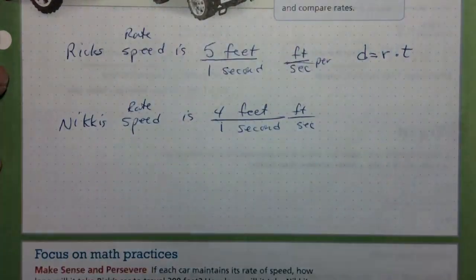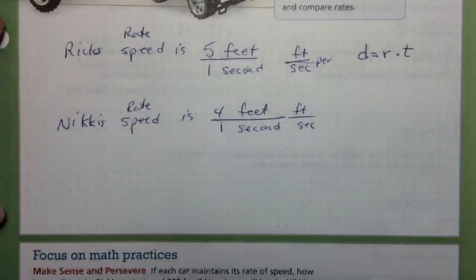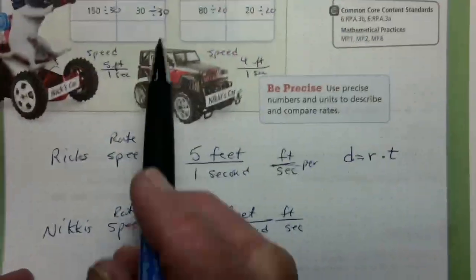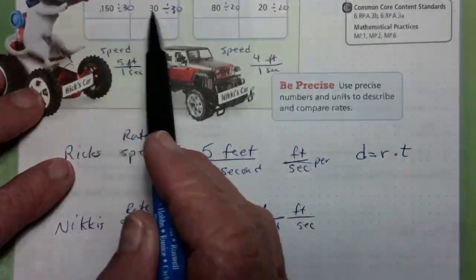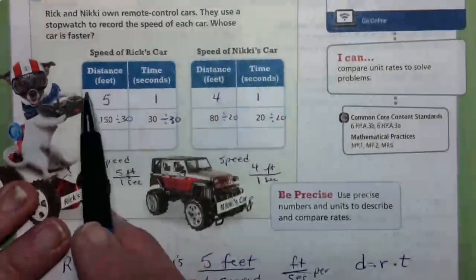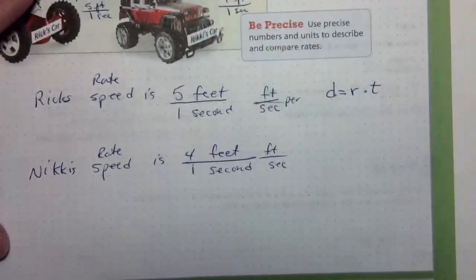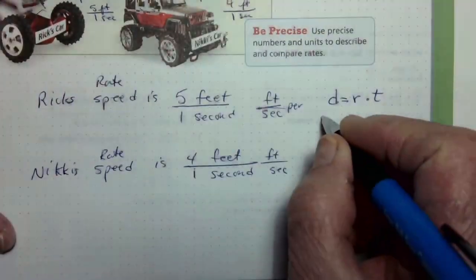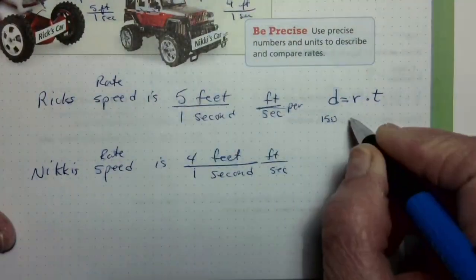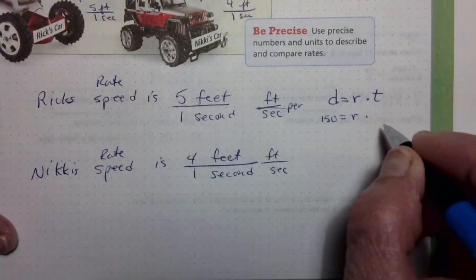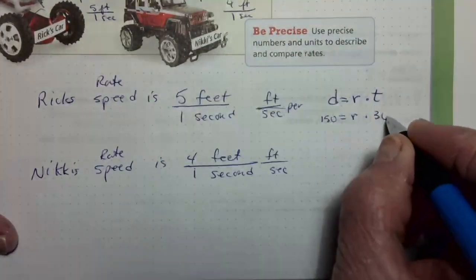Okay, now I'm going to show you a little thing that we did. Right up here, see this 150, which is distance, and this 30, which is time. Look at this formula. If I put the 150 in right here for distance, and I leave the R there, times, the time was 30.